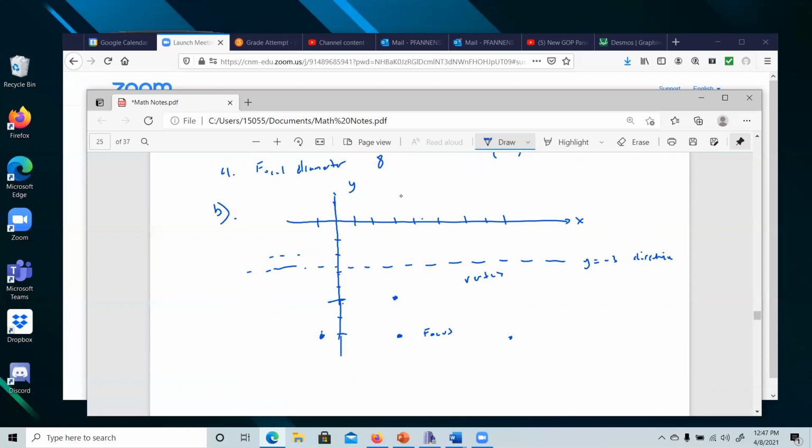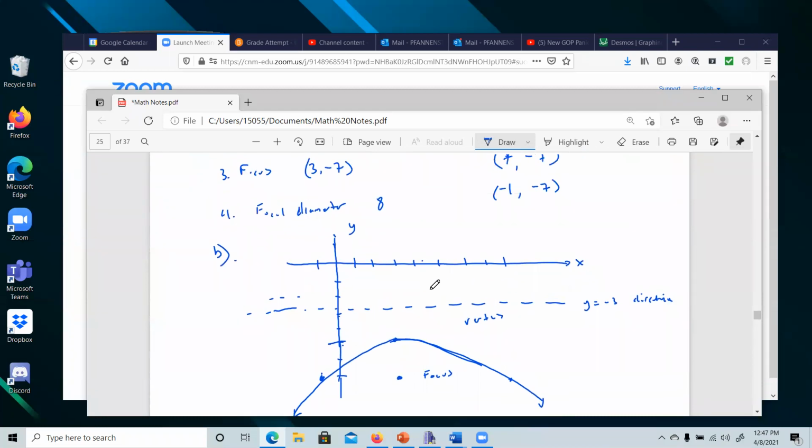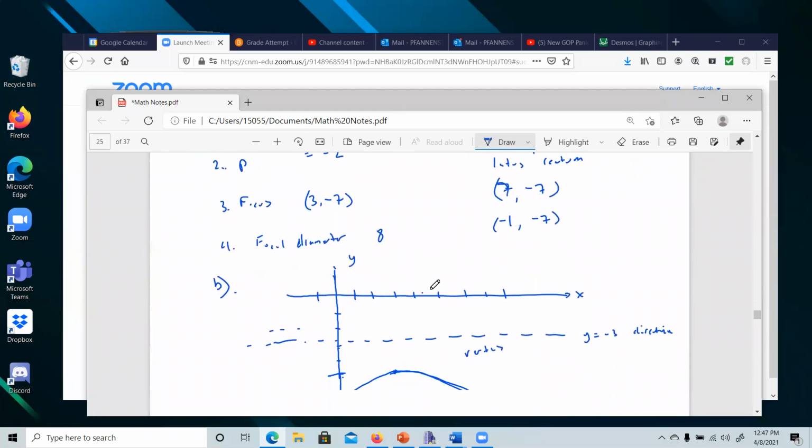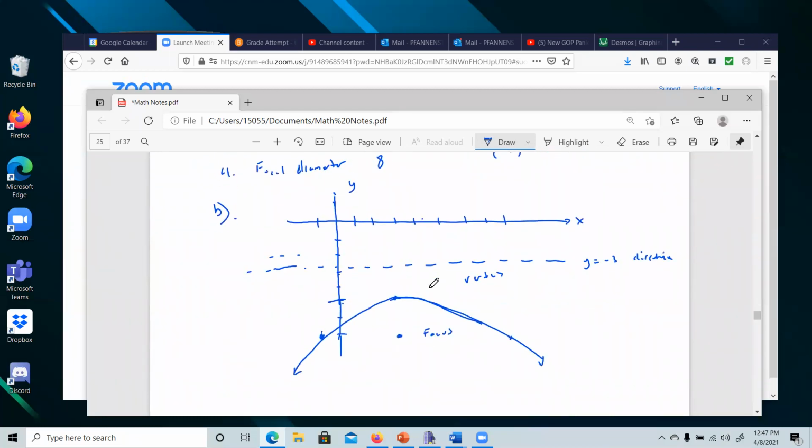Okay, so I've got some points to aim for. And there's my lopsided and poorly drawn parabola. Okay, so there we have it.